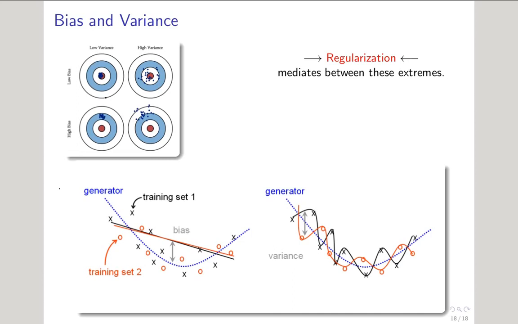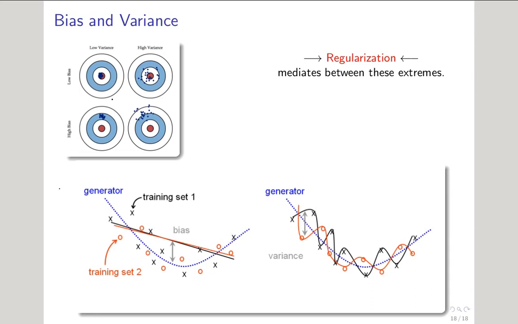Obviously, we would hope to have low variance and low bias, but usually we're not so lucky with our data sets. The 2 function depictions at the bottom of the slide are to help you get a more intuitive feeling for what this actually means in a linear regression setting.